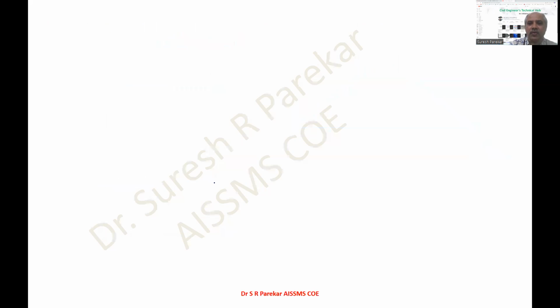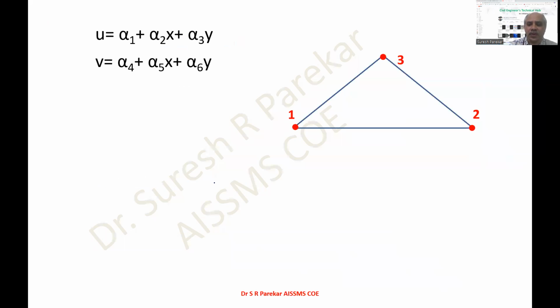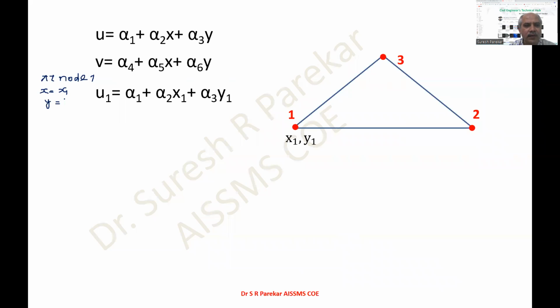Now as we have three nodes, we have to put the values of the coordinates at the respective points. If I consider node 1 as x1, y1, then I get u1 equal to alpha 1 plus alpha 2 x1 plus alpha 3 y1, because at node 1 we have x equal to x1 and y equal to y1. Similarly at node 2 I have x equal to x2 and y equal to y2.